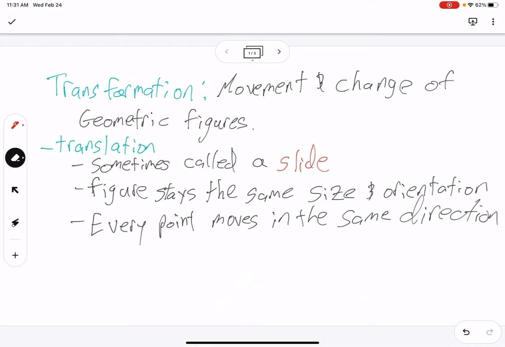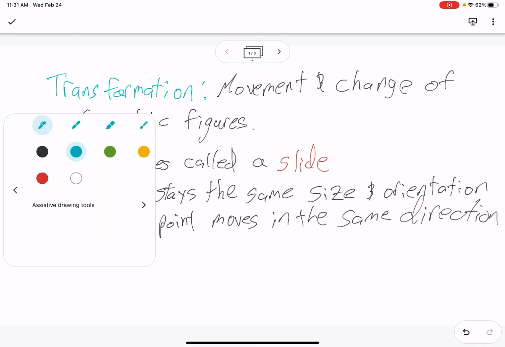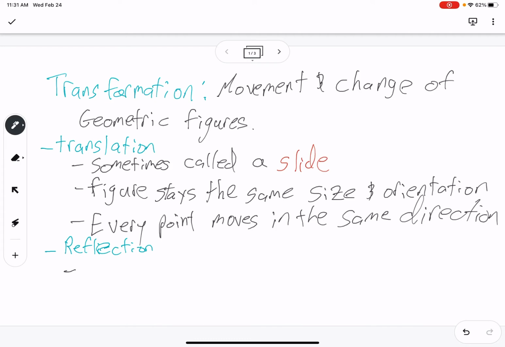Okay, next we have reflection, okay? So reflection is also a type of transformation, and reflection is also called a flip. I'm going to write that in red. A flip. Because it kind of flips over. So let's write down some other characteristics of it.